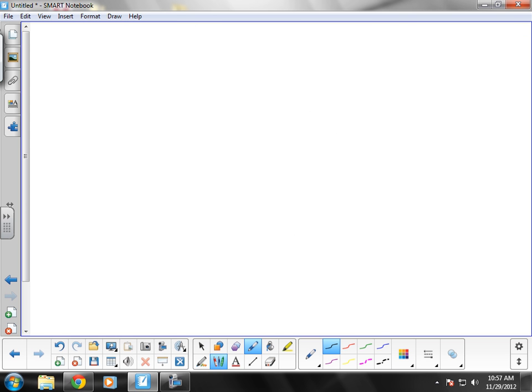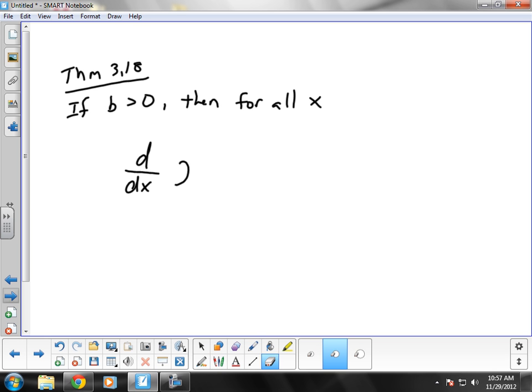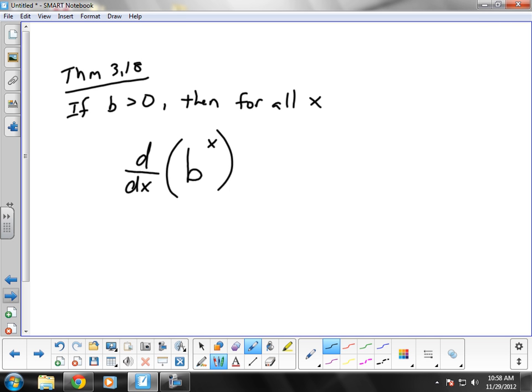I'm not going to go through the proof for it, but Theorem 3.18 tells me that as long as b is greater than 0, then for all x's, if you're taking the derivative of a positive number raised to a variable, then the pattern is the number itself, just written down again like it is, times the ln of the number being raised to the variable.